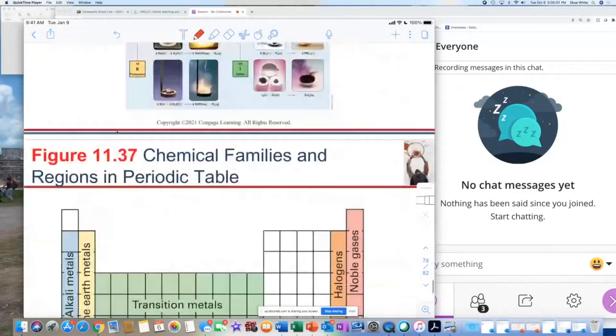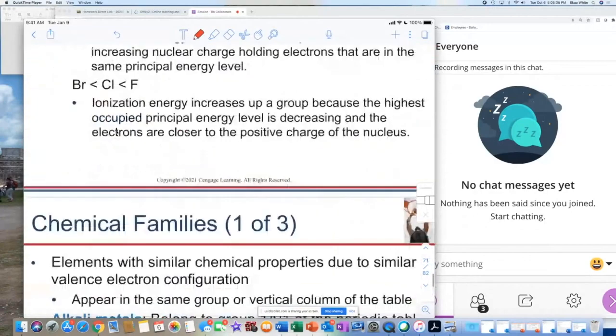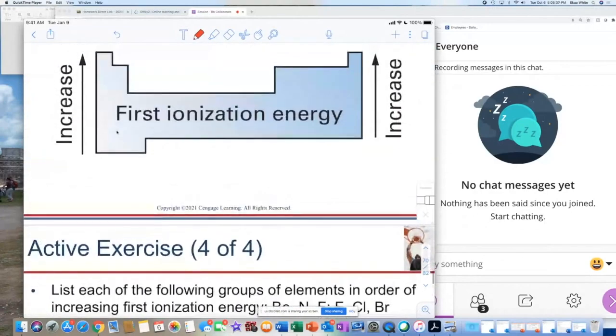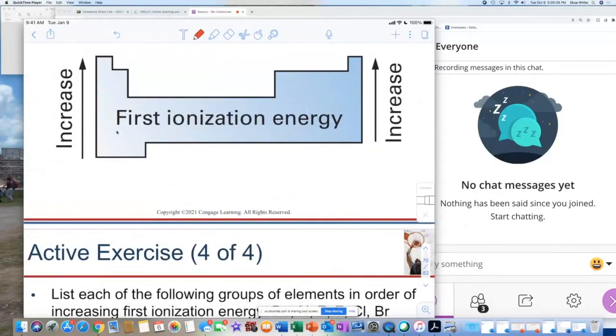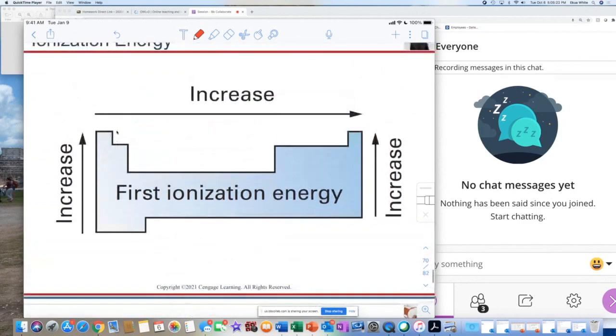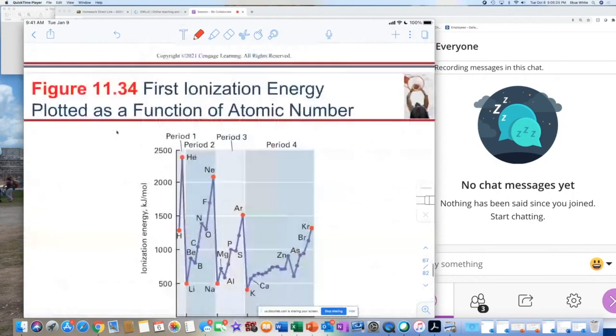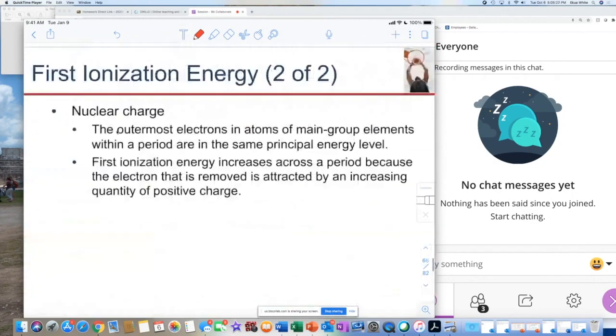So let me go over ionization energy because it relates to size, and then the rest we'll cover on Thursday. On Thursday, it won't take me that long to cover the rest because it's not very convoluted. So if you guys have questions about chapter 4 or 5 or this chapter, please bring them then so we can discuss. That'll be a good time to bring those kinds of questions.